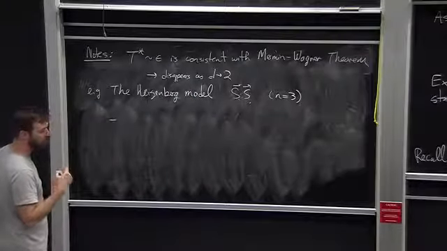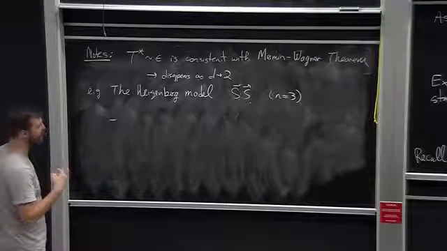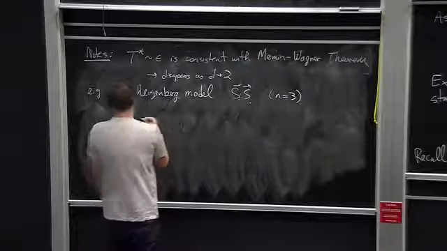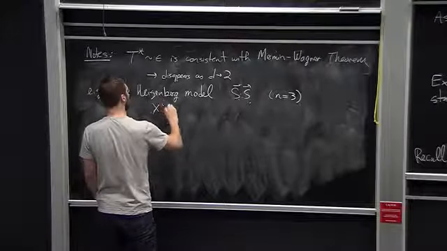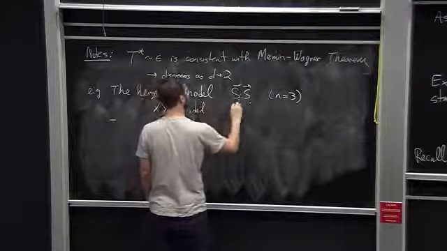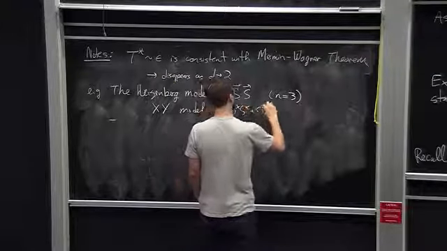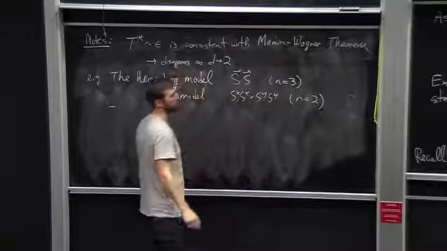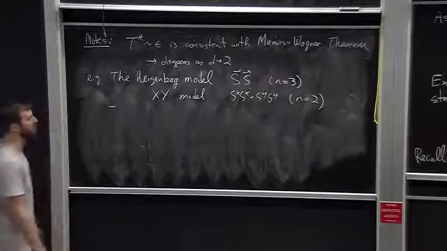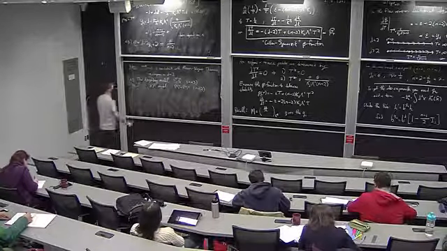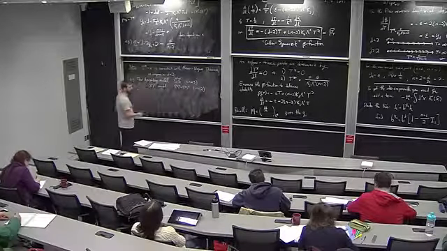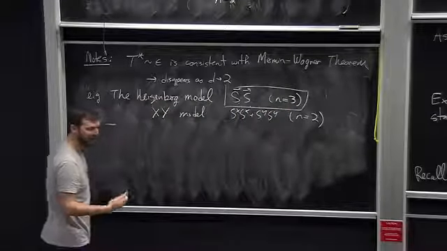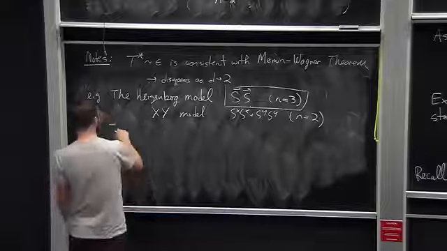Right, so these have finite T transitions for d greater than 2. Same for, say, the XY model. I'll talk about this one lots. Not as obvious because you're dividing by 0 there, but these marginal cases are always a bit sketchy, but at least for Heisenberg, for d greater than 2, these have finite temperature transitions.